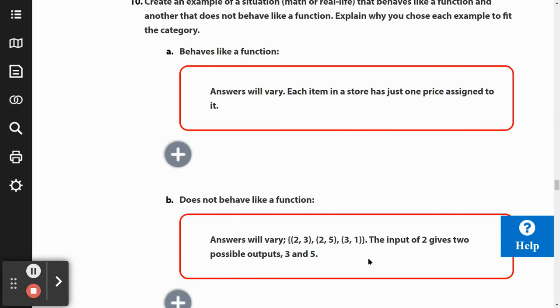Let's do color of socks, right? How many people are wearing white socks right now? All right, right out of the gate, I got more than two white socks. Not a function. Okay. How many people are wearing a hoodie?